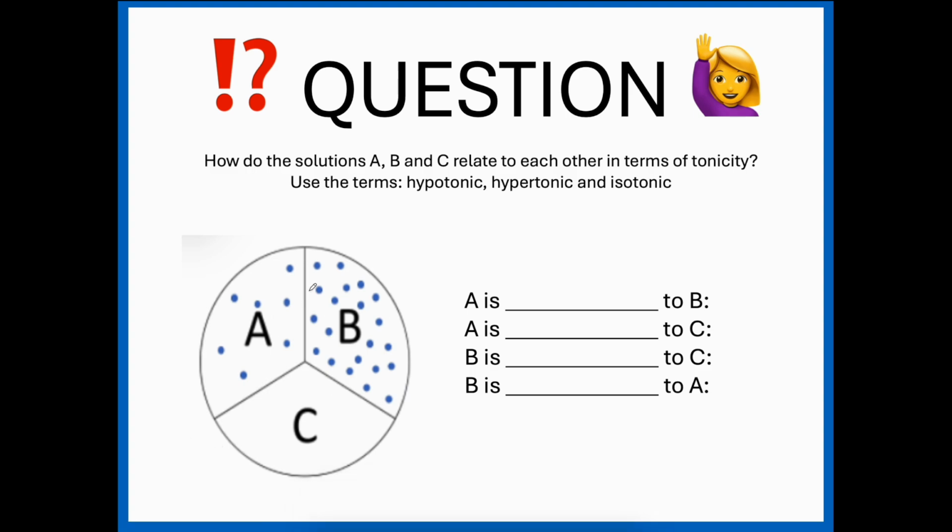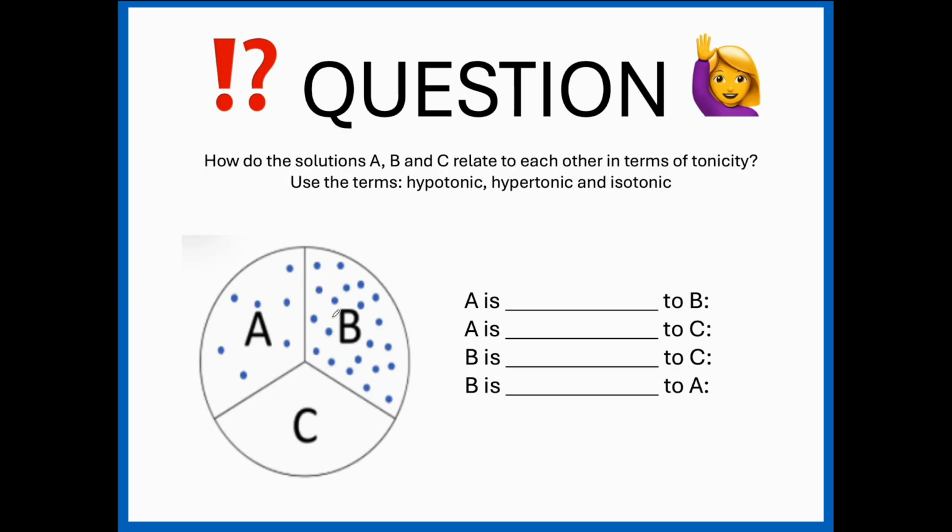I want you to take a minute and do this little exercise here, okay? All right, so how do the solutions A, B, and C relate to each other in terms of tonicity?